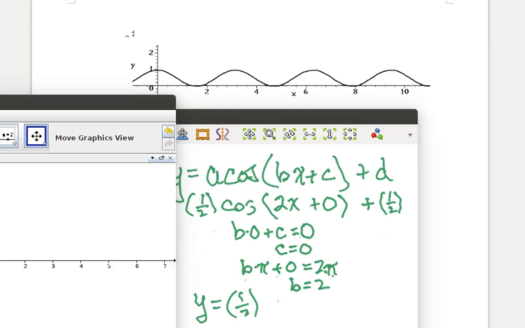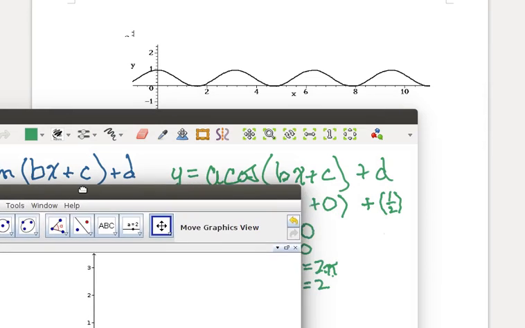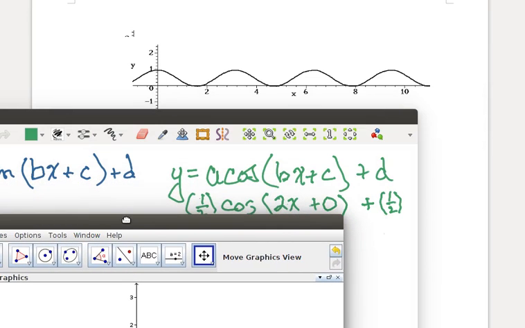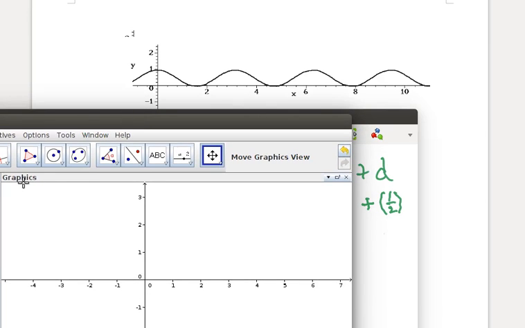Okay, so here I'm pulling in a graphing utility. I'm going to worry about graphing y is equal to 1/2 cosine 2x plus 0, of course, plus 1/2. And so that's going to look at that particular graph and just ask it to do that, and we'll see.